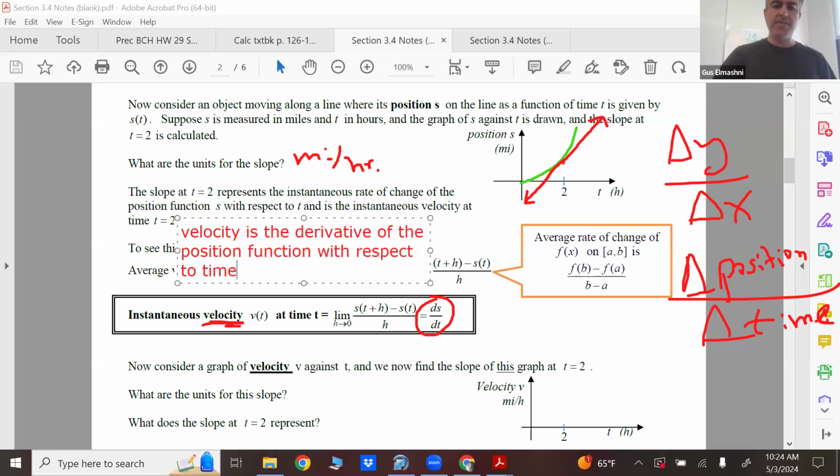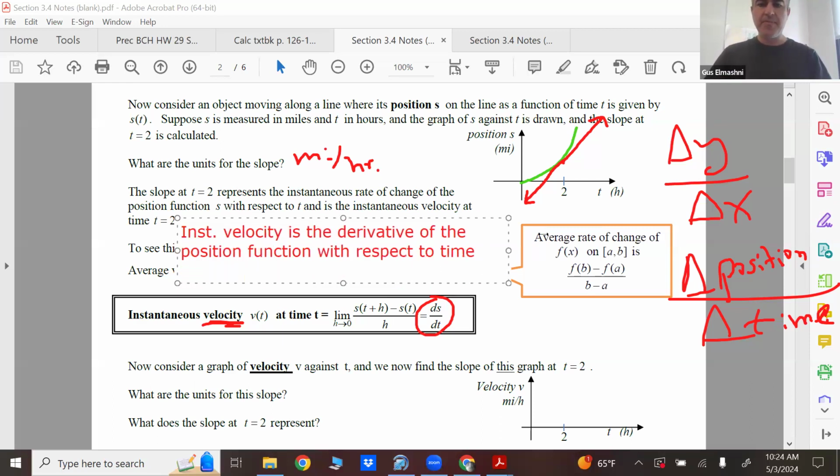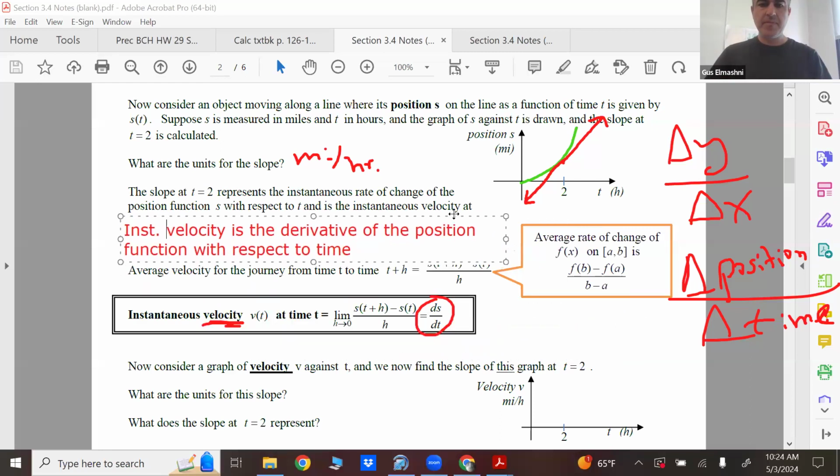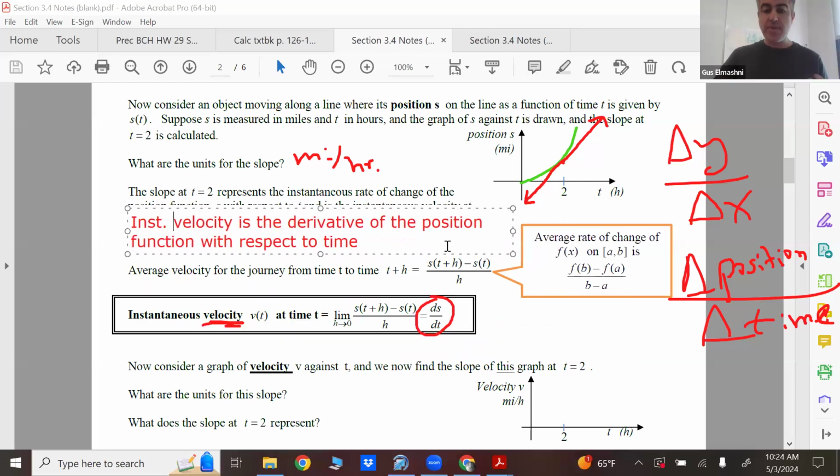That right there is velocity. Sorry, instantaneous velocity. Let me take it back, because average velocity is something else. Okay, so that's what's happening there. And we're actually going to compute it.